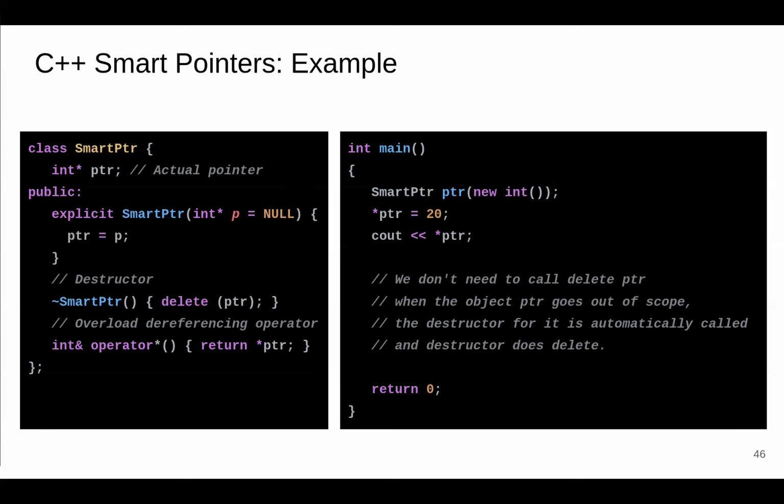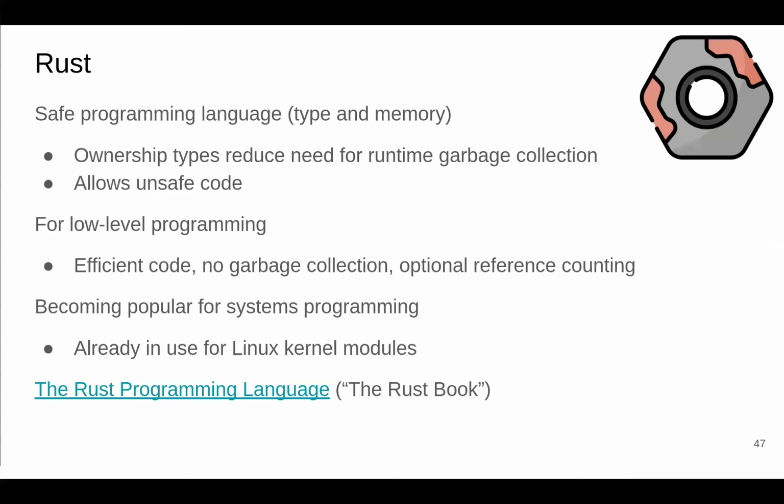What's the alternative to C++? It's Rust. And Rust is a new systems programming language that aims at replacing C and C++.